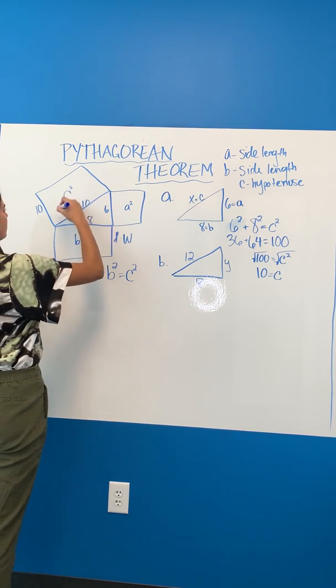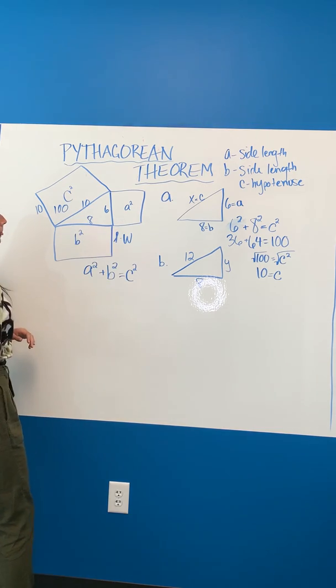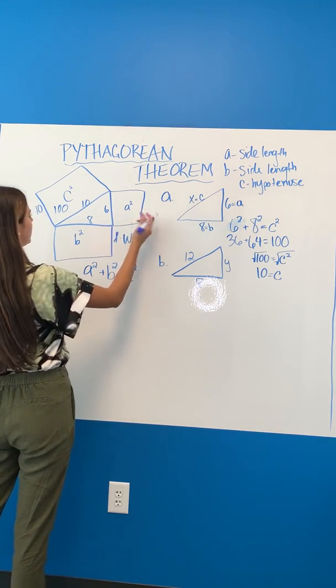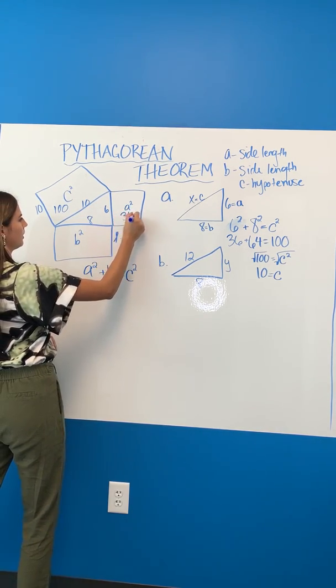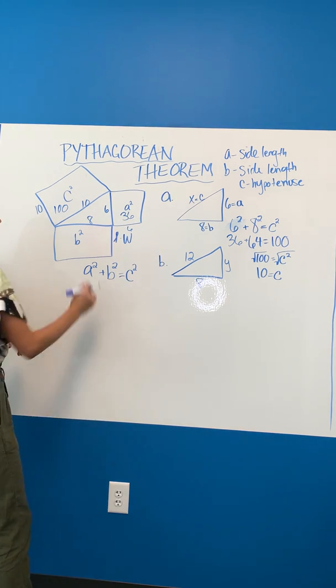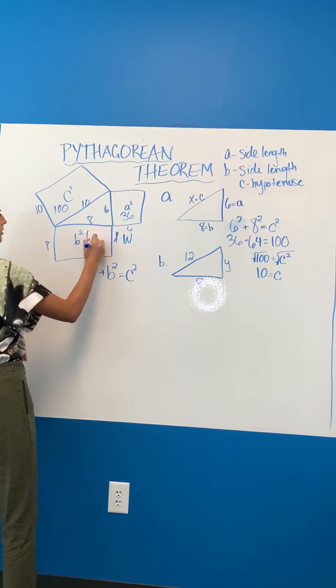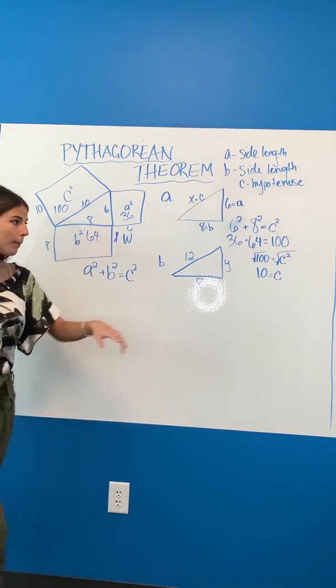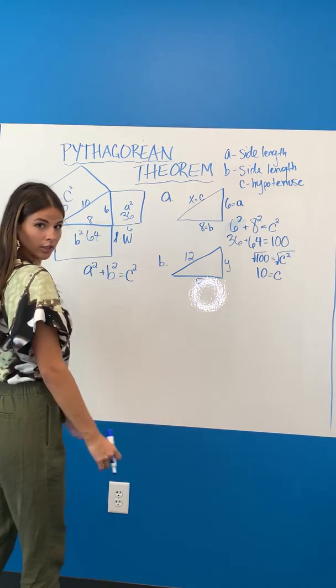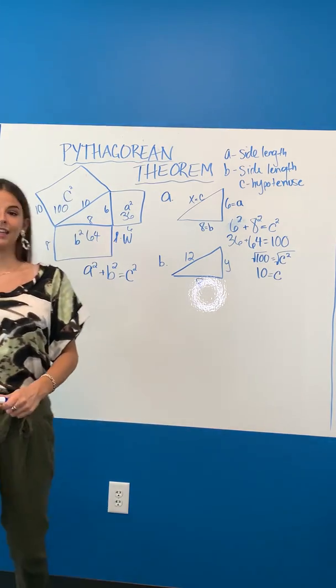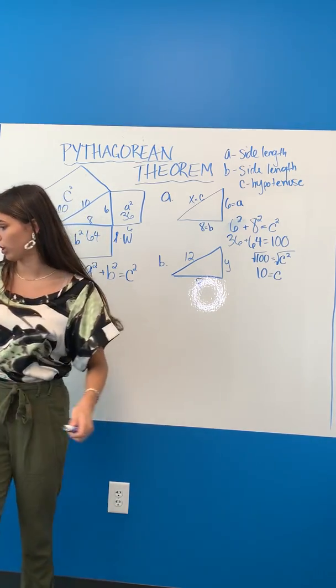So the area of this is going to be 100. For this, we're going to do the same thing, 6 times 6, which is going to be 36. And for this square, 8 times 8, which is going to be 64. Do these numbers maybe look a little familiar? Well, that's how the Pythagorean theorem works.